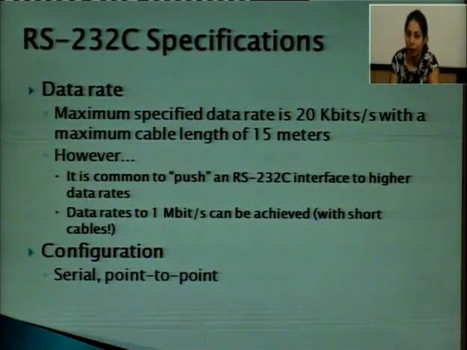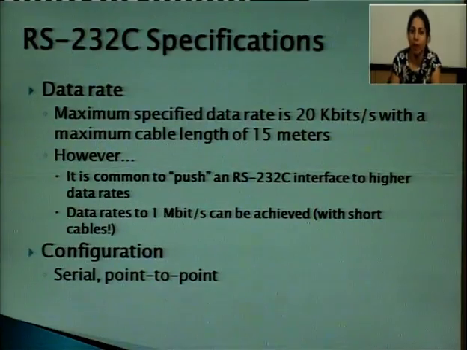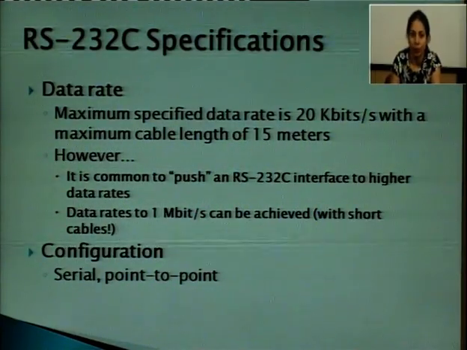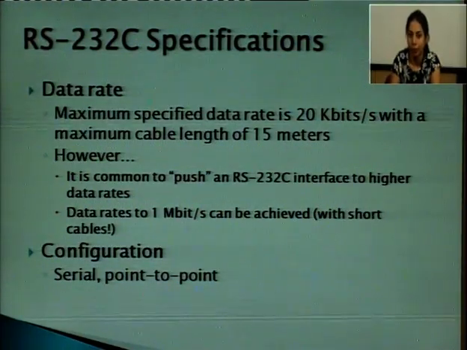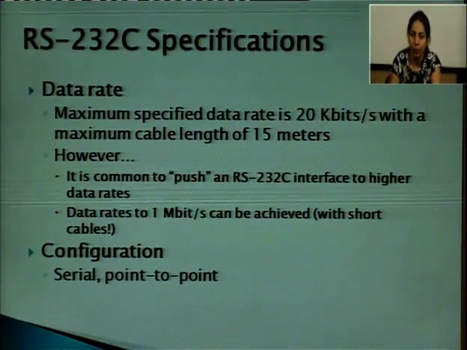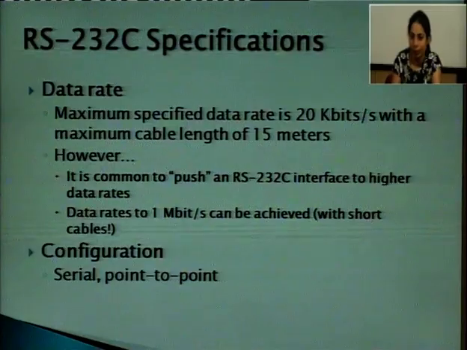About the data rate, the maximum specified data rate is 20 kilobits per second with the maximum cable length of 15 meters. Means the maximum data rate is 20 kilobits per second and the maximum length we can have is just 15 meters.